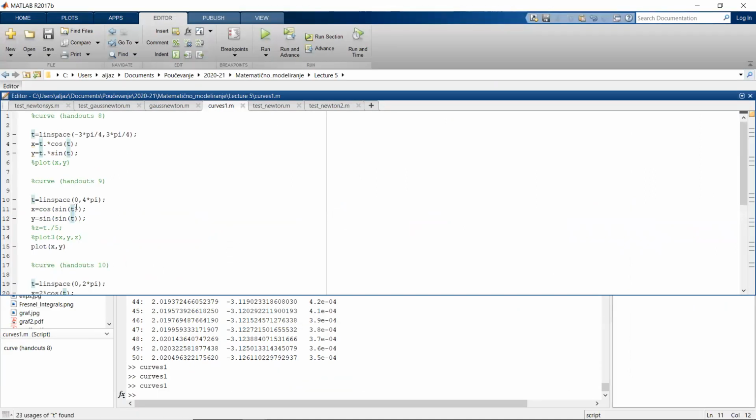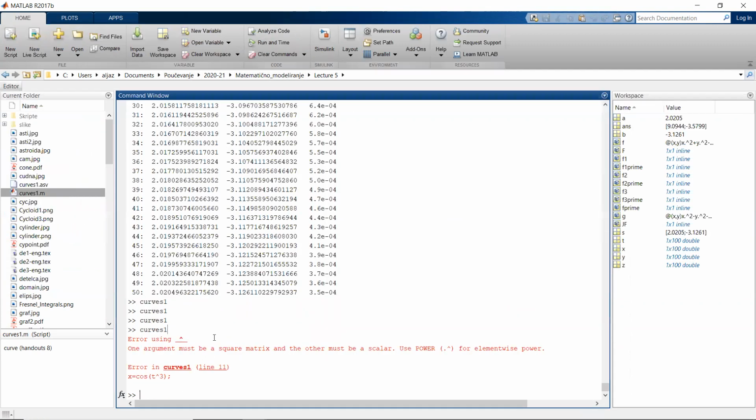Okay, but if I choose here instead of sine t something which is surjective, let's say t to the power of 3, and here also t to the power of 3. Notice that if I put t to the power of 3, then I will probably get an error when I try to run this.